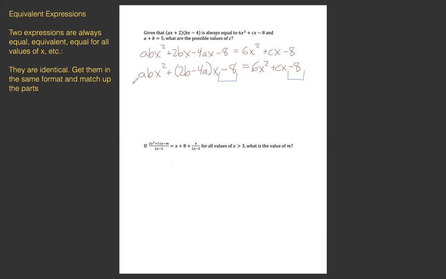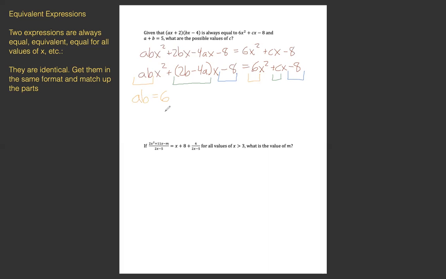We can also see that abx squared has to be equivalent to 6x squared. And that tells us that ab equals 6. And then we can also see that this coefficient of x has to equal this coefficient of x. And so now we can see the path here, that if we figure out what a and b are, then we can figure out the value of this, and whatever this is, this is.